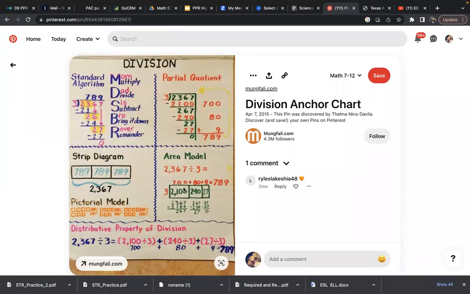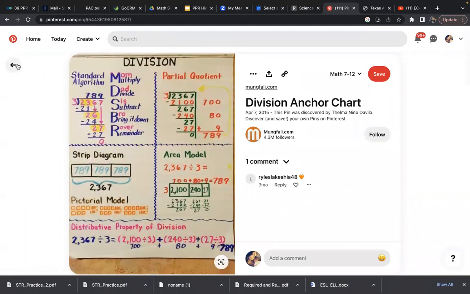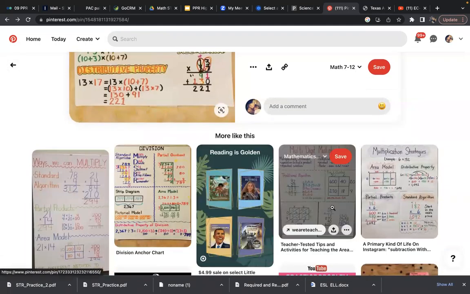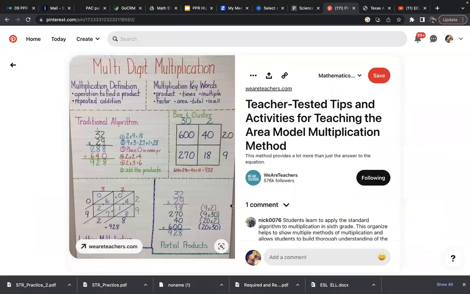Oh no, that one's divide. I guess you could do it by multiplication. So this is the same thing, just this looks weird.